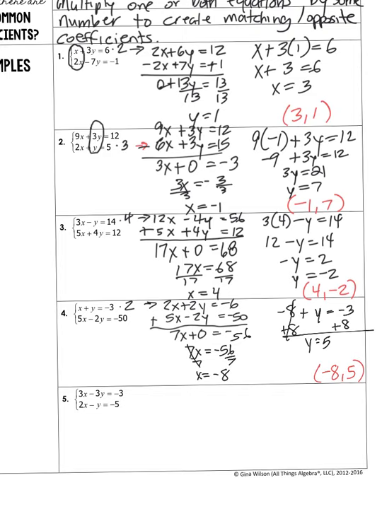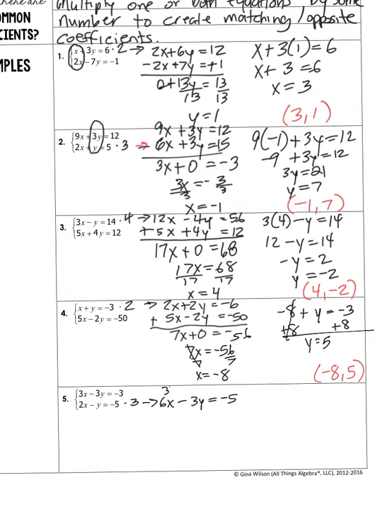Number 5. I'm going to multiply the second equation by 3, and that will allow me to subtract the two equations and get the y's to cancel out. So this would be 6x minus 3y equals negative 5.